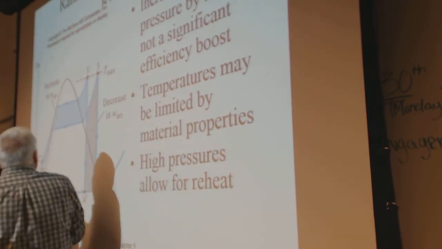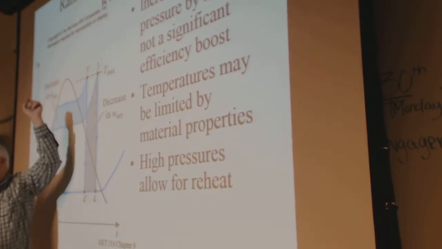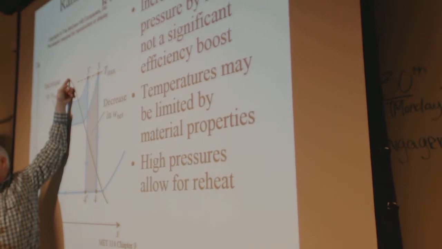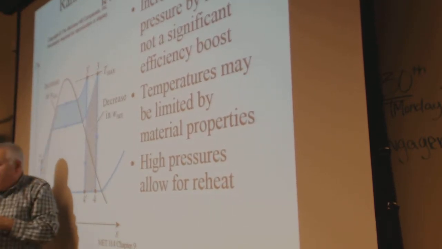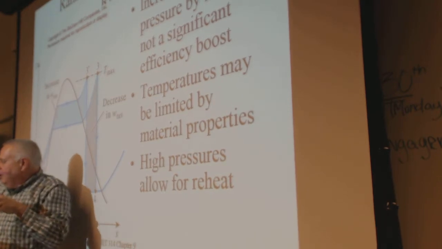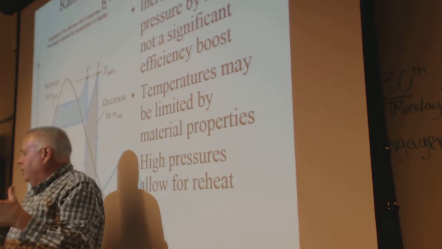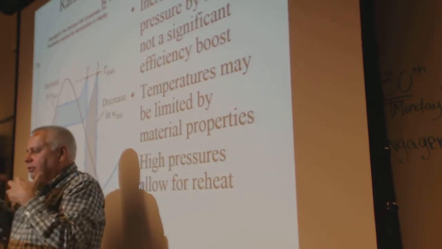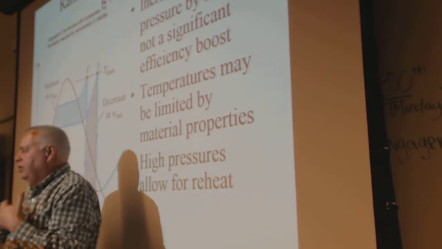If you get a high enough pressure here, you can come all the way up, and they'll actually do it as a supercritical cycle, meaning the pressure is higher than the critical point here, so the fluid never really changes phase, it just expands. It's so hot that the molecular motion sort of outruns the surface tension effect. And they're jiggling around so much that you never get a surface on them at those temperatures and pressures.